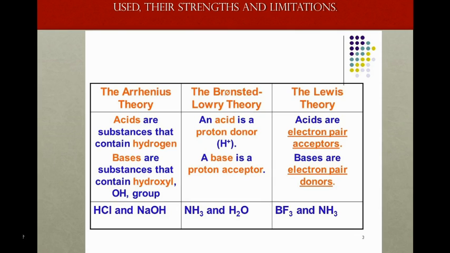Well, in the Arrhenius theory, acids were defined on whether it contained hydrogen or an OH group. In the Bronsted-Lowry theory, we looked at acids being proton donors and bases being proton acceptors.